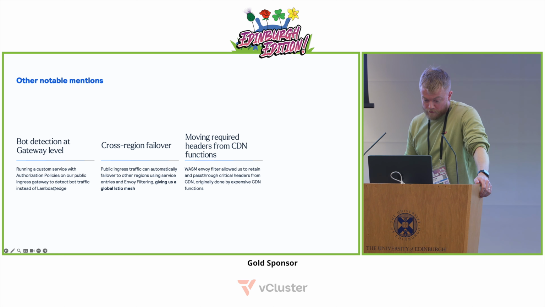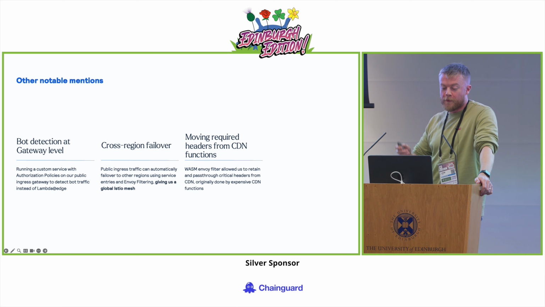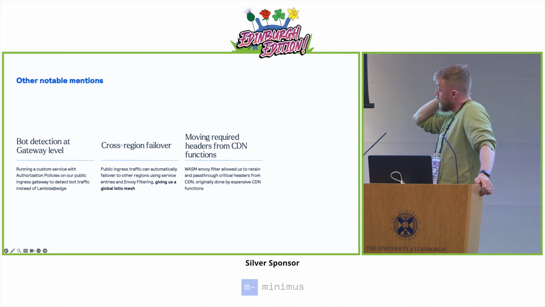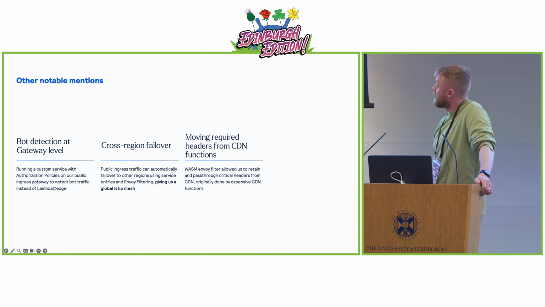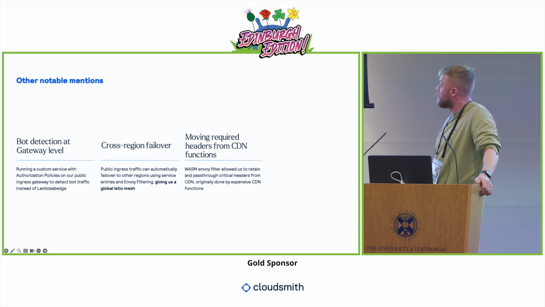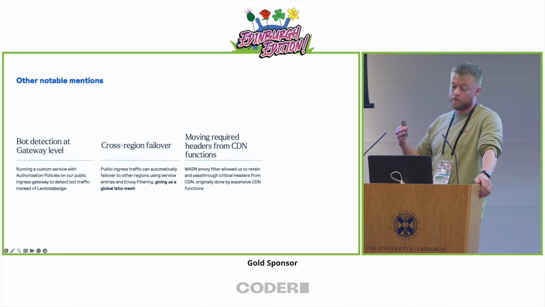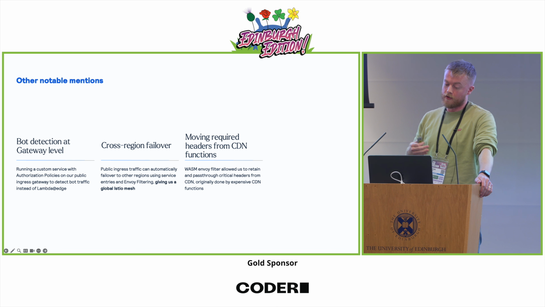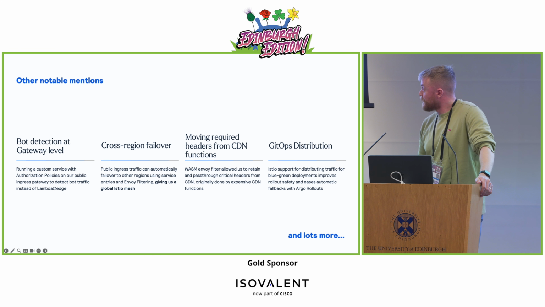This is a smaller one: we've moved some headers from our CDN, and we now pull them out with a nice WASM Envoy filter. We were spending, again, a lot of money pulling these headers out of our CDN, and now we can do it fully in-house in Istio with gateways that we already have and we're already paying for. And GitOps.